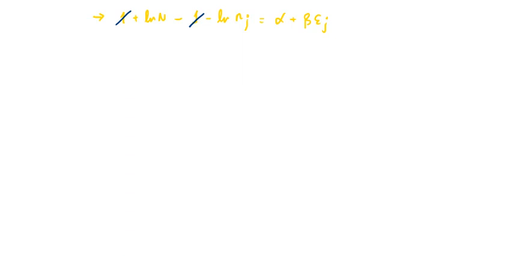I can put the right-hand side to the left side, and then write ln of n_j over n. This gives me n_j equals n times e to the minus alpha minus beta epsilon_j.